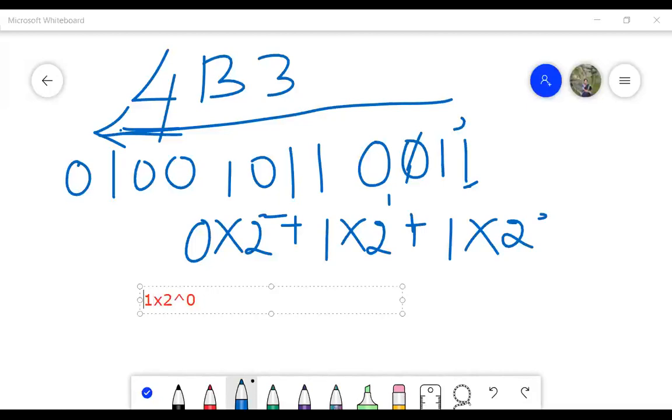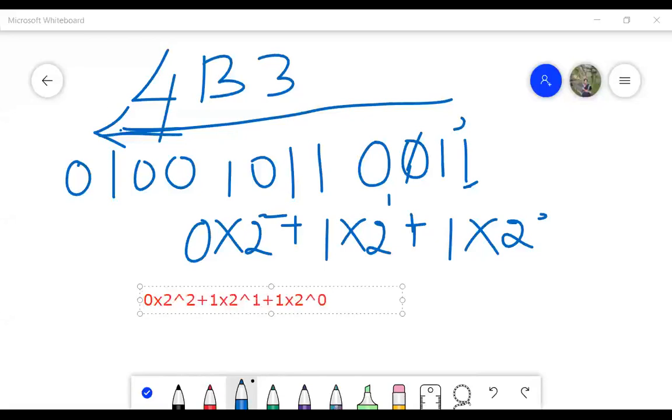Again, the next number will be equal to 1 into 2 to the power of 1. The next number will be plus 0 into 2 to the power of 2.